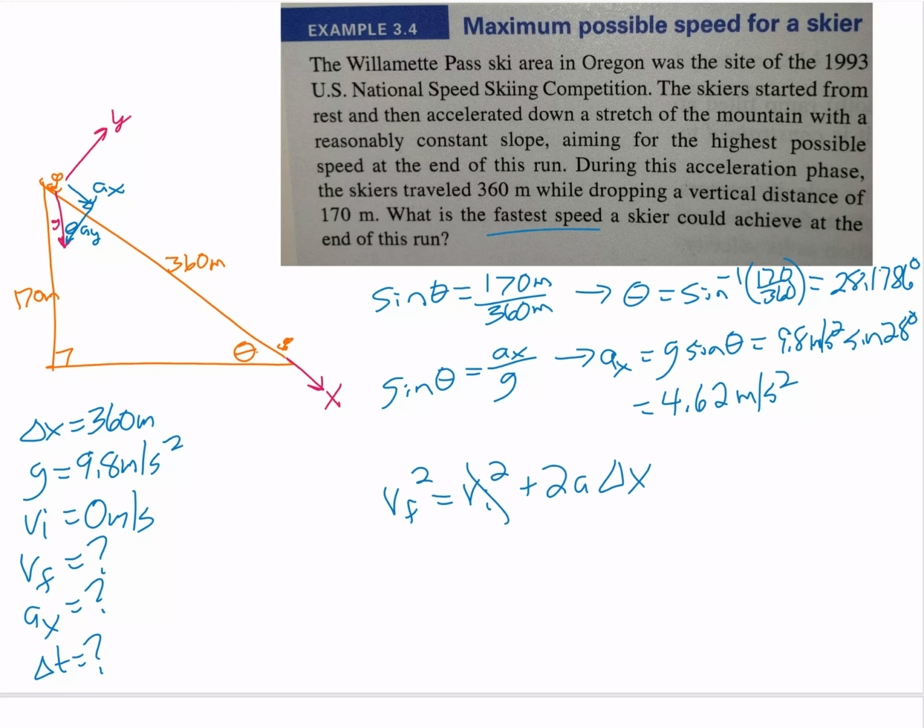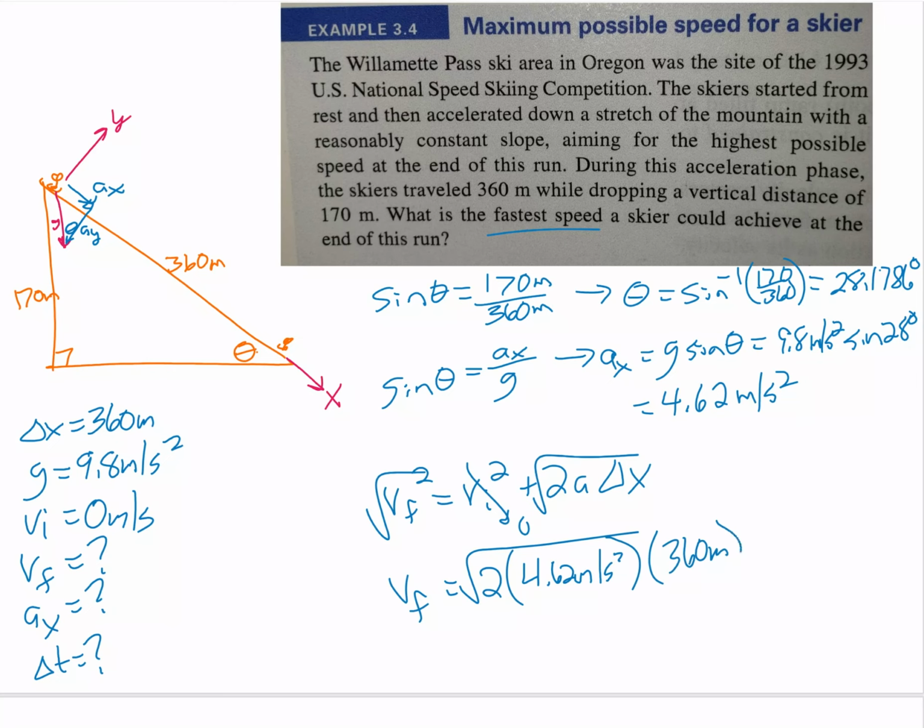So this term is gone. I solve for v sub f by taking the square root of both sides. v sub f equals the square root of 2 times our acceleration, which is 4.62, times the delta x, which was 360 meters. Meters times meters is meters squared, so our units are meters squared per second squared. When we square root, we'll get meters per second.